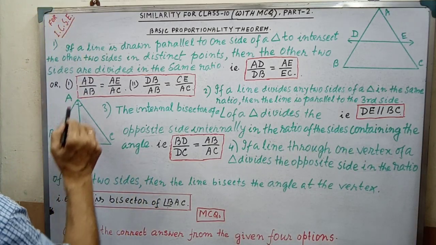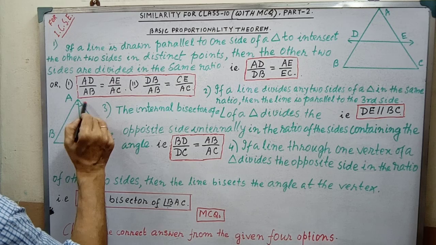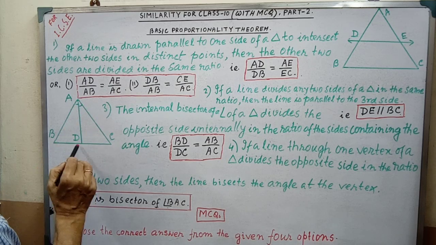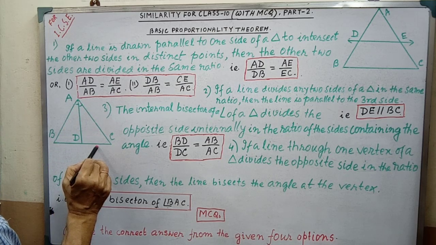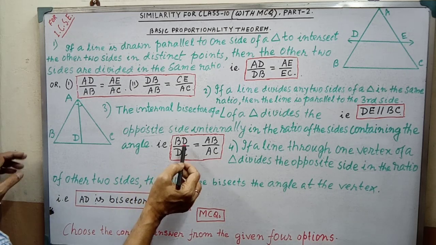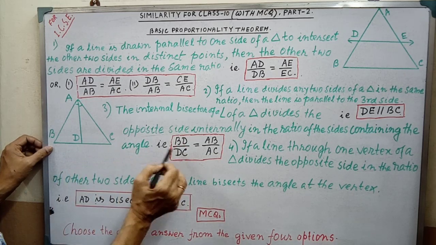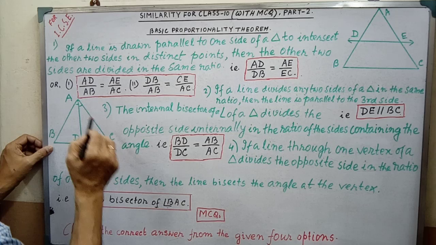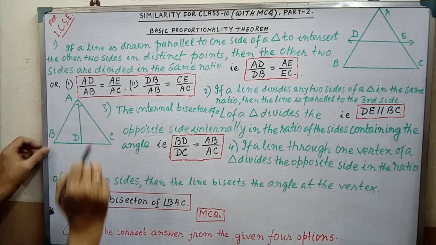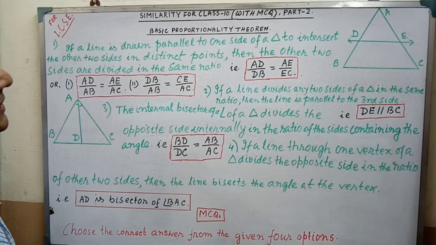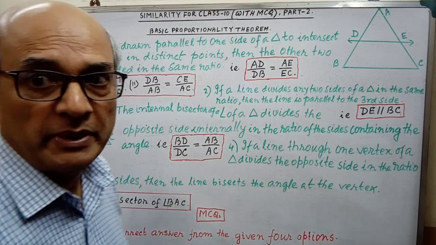The sides, these sides and these sides containing this angle, and divides the side BC. So therefore BD by DC equal to AB by AC.